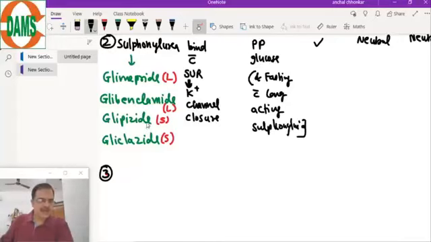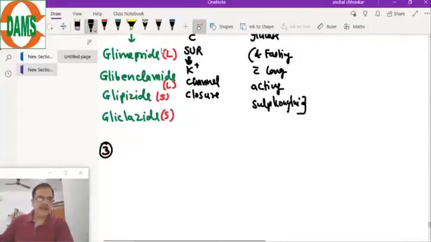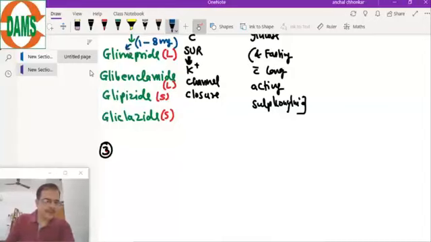Glipizide is 5 to 20, and gliclazide we can give up to 320 milligrams. Depending on which drug you are giving, the dose is decided. The most commonly given is glimepiride. It is started with 1 milligram. So 1 to 8 milligrams you can give of glimepiride.